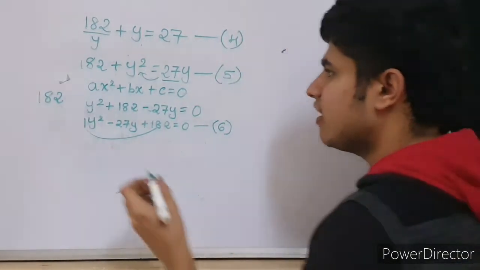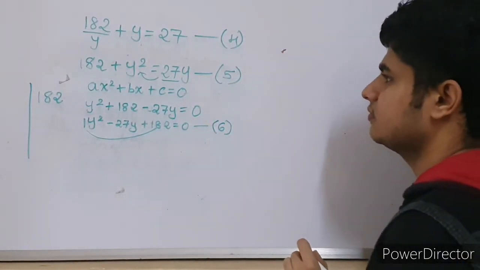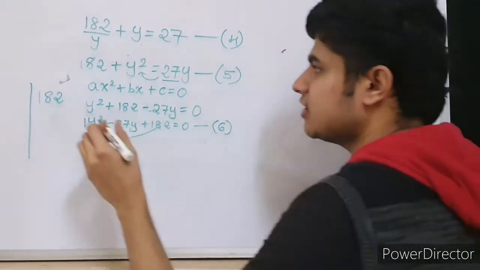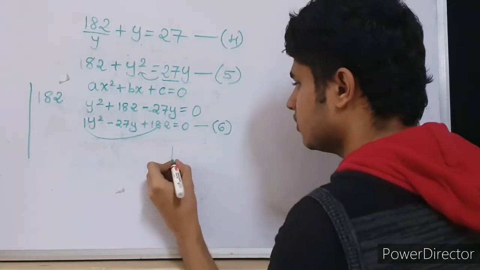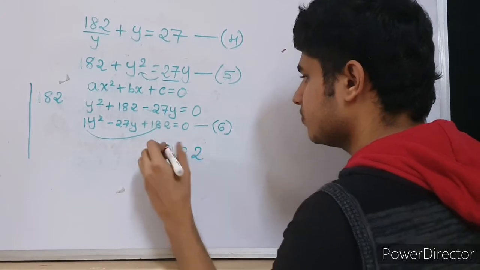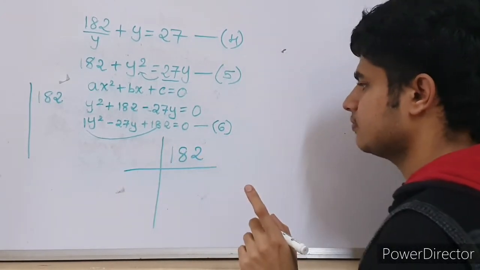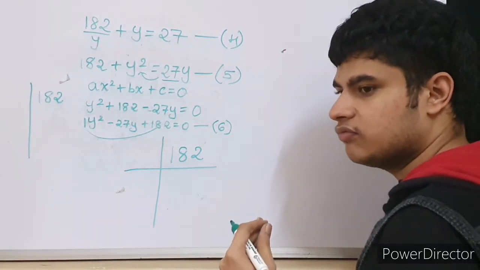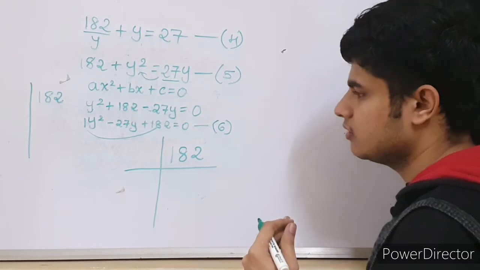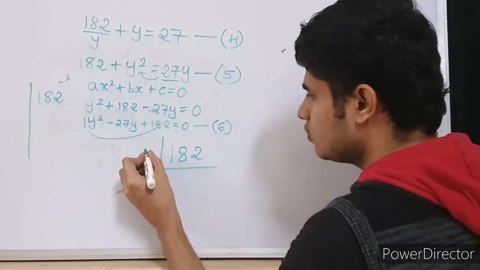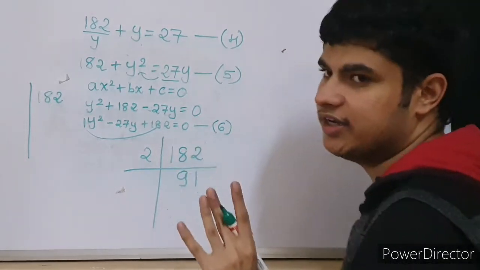Now if that is 182, then I have to remove factors of this. 182, and I have to remove factors of those. We will begin with the smallest table which contains a multiple. If you see, 2 has got 91. 2 91s are 182.